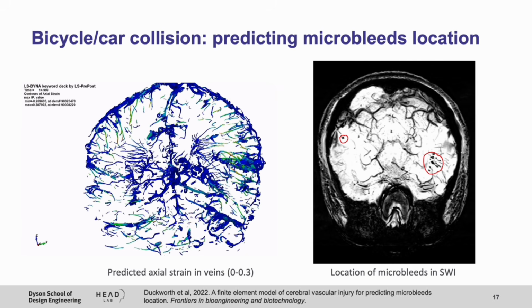This data actually shows the locations where the venous system probably has been pulled a lot, leading to the leakage of the blood, as you can see here. At this location, it does correlate with what we see here in the FE prediction.